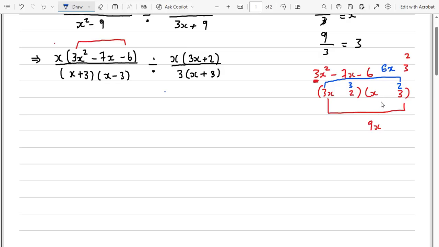So when it's like this, what I'm going to do, I need to choose the one that will bring us close to the middle term, and also the one that will give us the correct middle term. Look at this. If it's like this, we know that one bracket should be positive and one bracket should be negative.